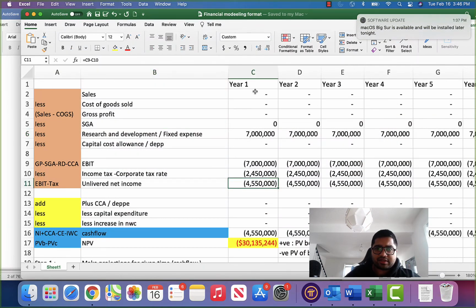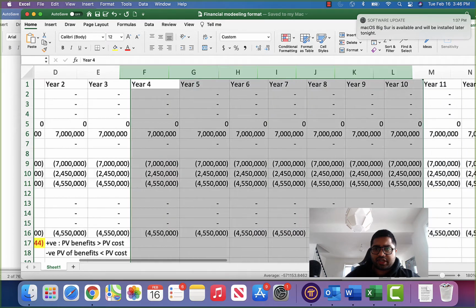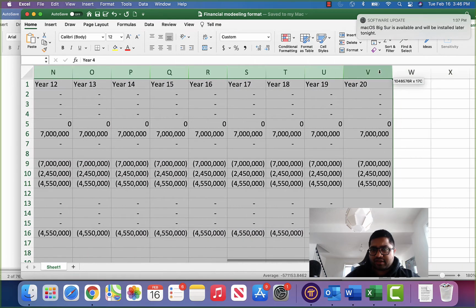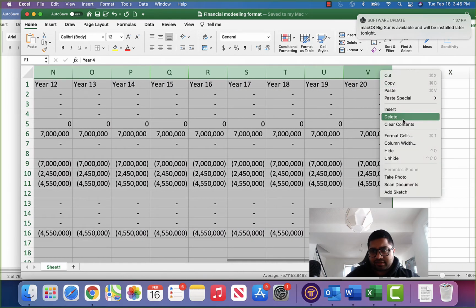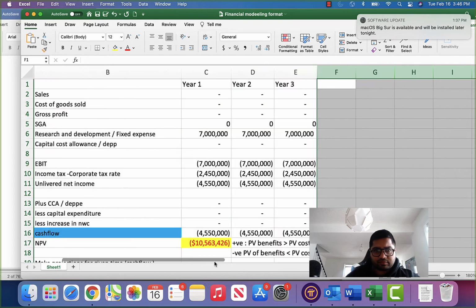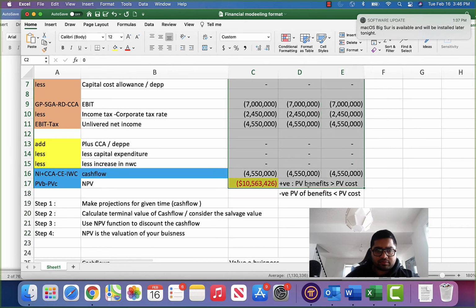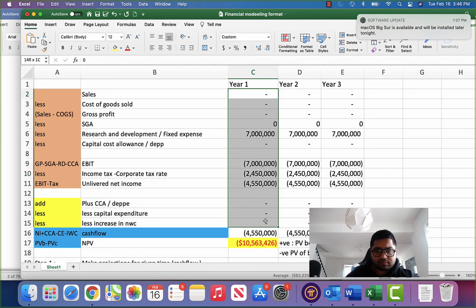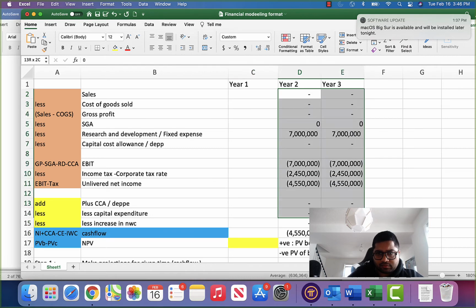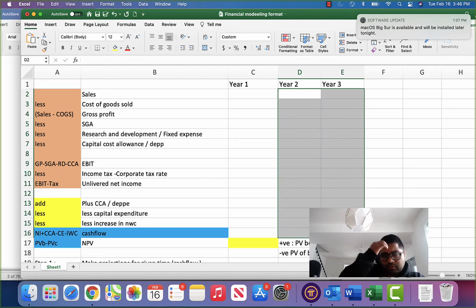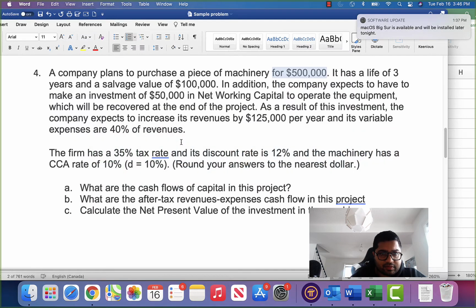So I'll clear this out. We only have time till 3 years, so we don't need 20 years for this case. I'll clear this one out. Okay, so let's start putting it in.